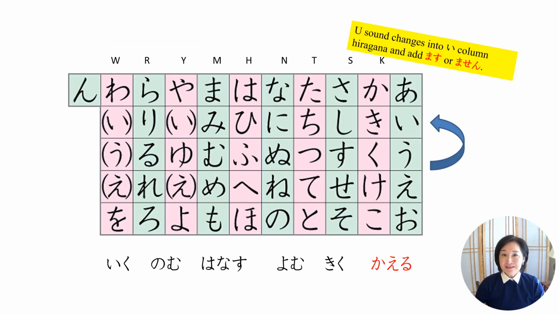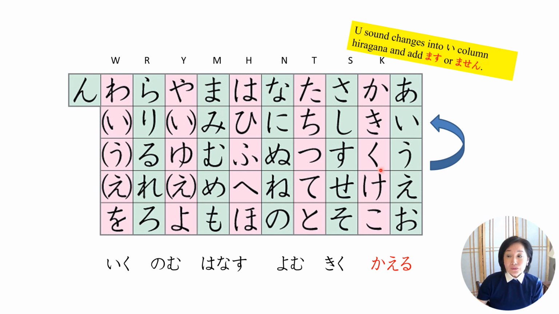Let's figure out how to make polite form for U verbs. U verbs ending hiragana sits on this U column. And let's take a look at this first verb, 行く, to go. 行く, ku is right here on U column.